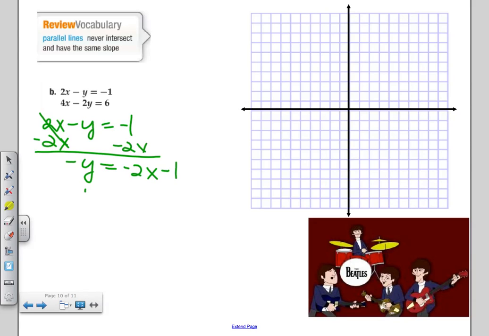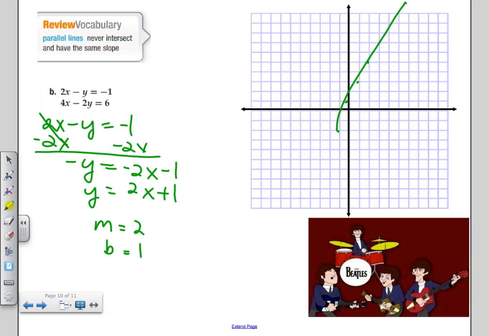Divide by negative 1, and we get y equals 2x plus 1. So m is 2, and b is 1. So we'll graph that. So b is 1, and the slope is a positive 2, up 2 over 1, up 2 over 1, down 2 over 1.